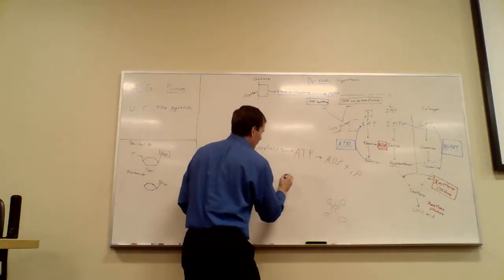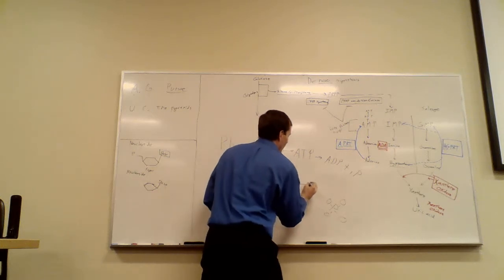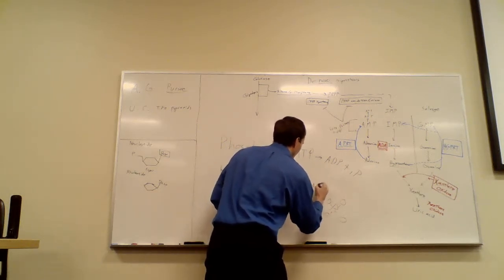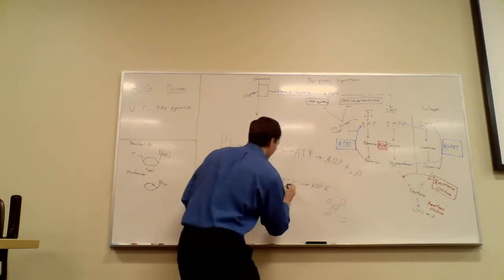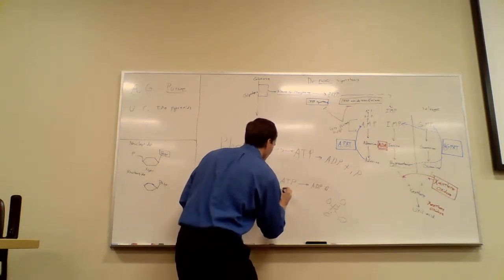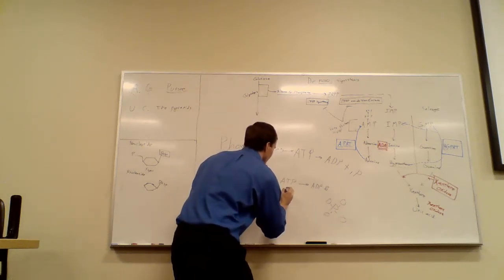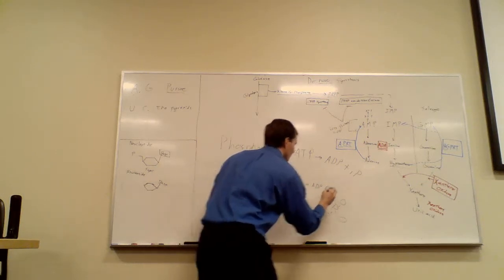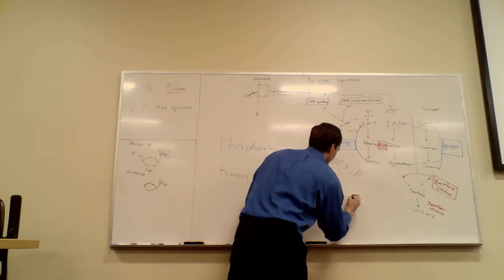Kinases, on the other hand, will take ATP or whatever, and they will make it ADP and some other molecule, so it'd be ATP plus, let's just say glucose, and then it would be glucose 6-phosphate. So they throw it on something else.